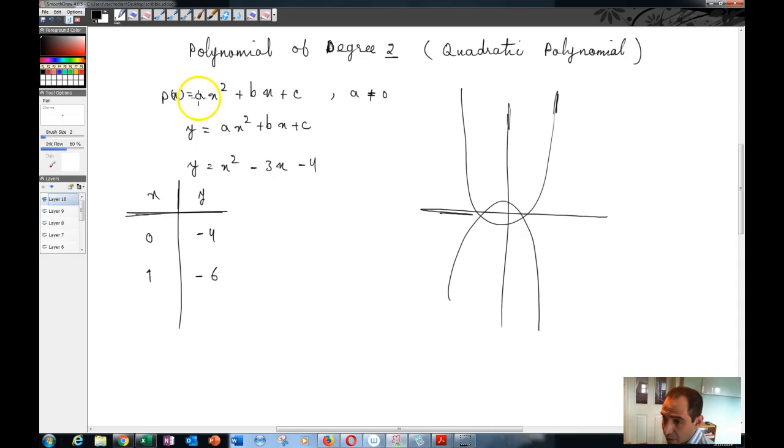If a is a positive number, it's going to be opening upwards. If it's negative, it's going to be opening downwards.